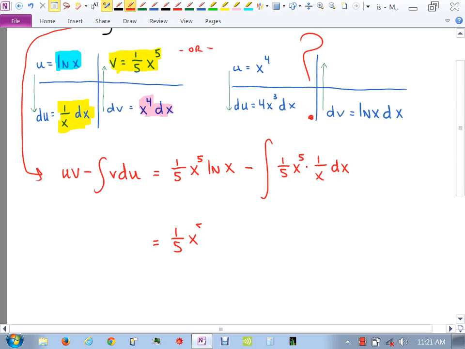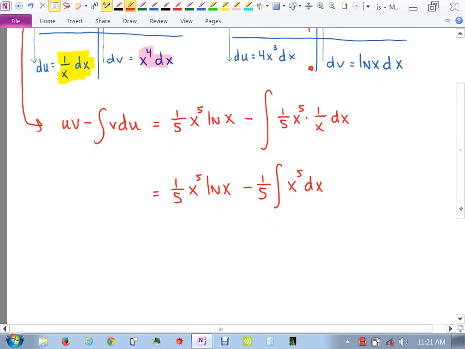Just cleaning up now. The 1/5 can come out. I have x to the 5th dx. To the 4th, thank you. And the integral of x to the 4th dx is 1/5 x to the 5th.